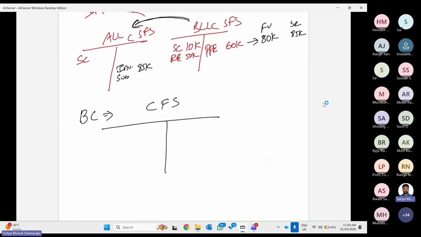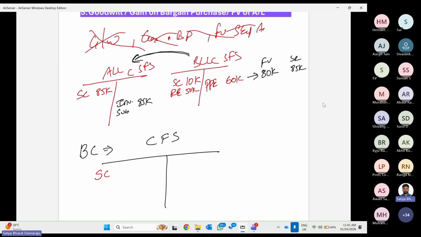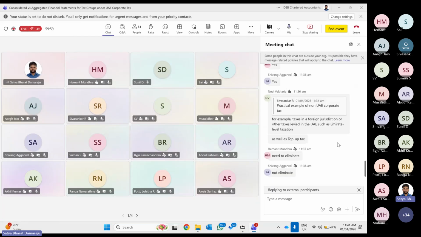Assuming this share capital is 850,000 to make things easy, I'm just showing the share capital as 85,000. We'll prepare the CFS. Share capital, how much do I need to show? I add 85,000 from here and share capital 10,000 here. Should I show 95,000 or should I show 85,000?